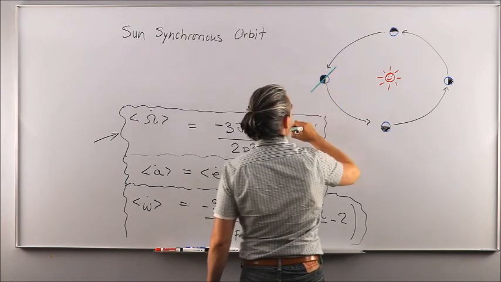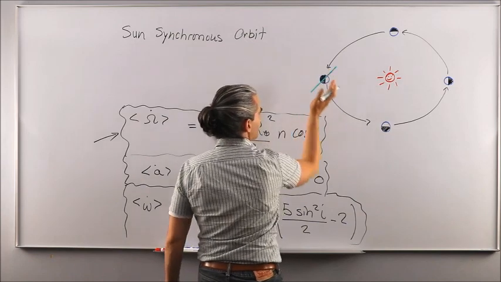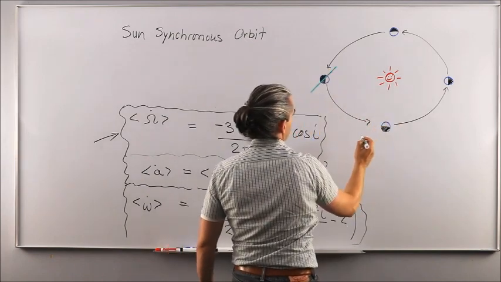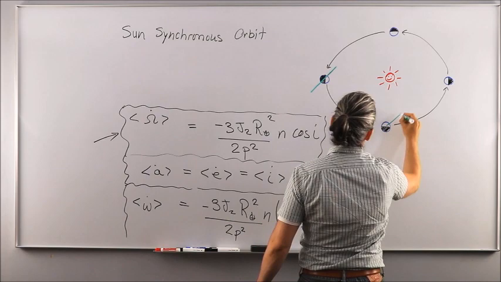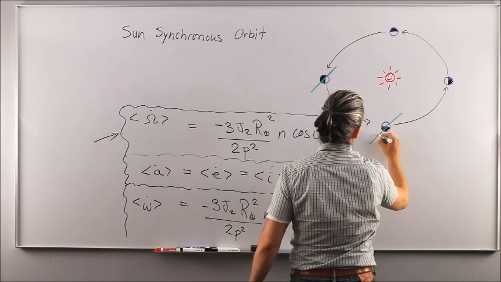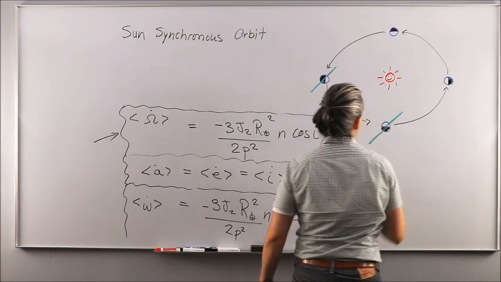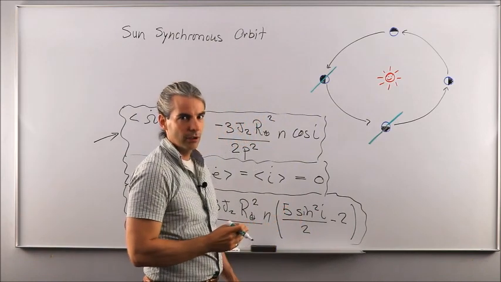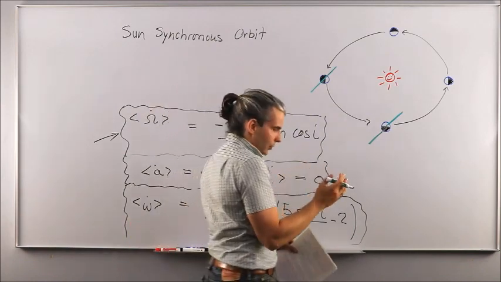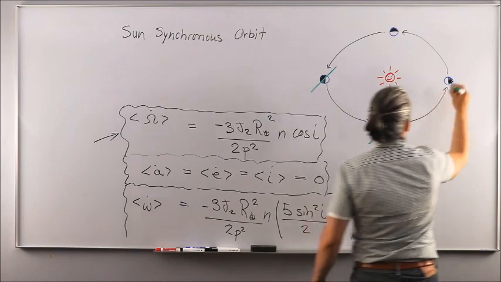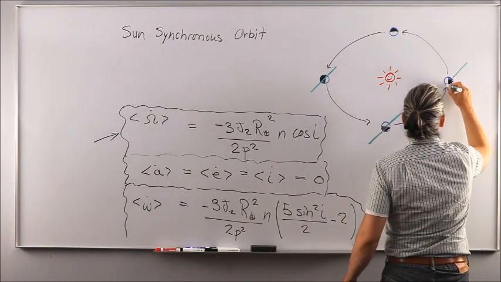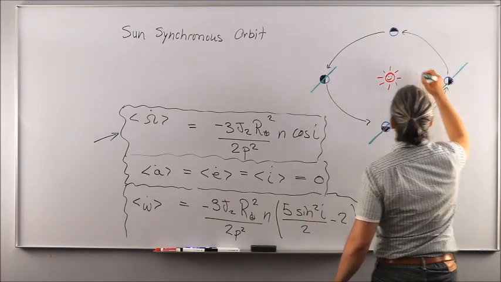And that orbit would be inertially constant in time throughout the year because there's no J2 perturbation that would modify the right ascension of ascending node, such that the orbit would always look the same seen from the inertial perspective like this.